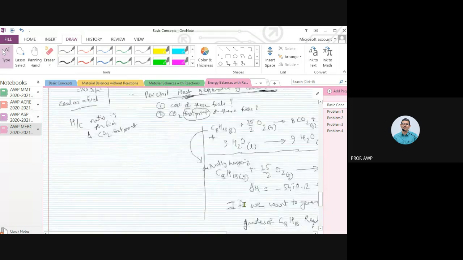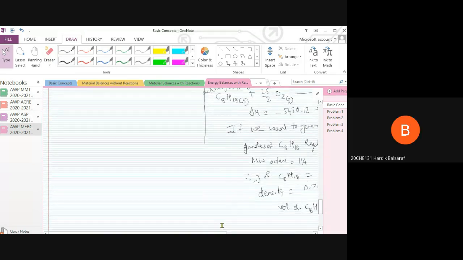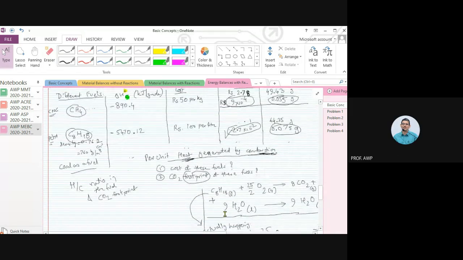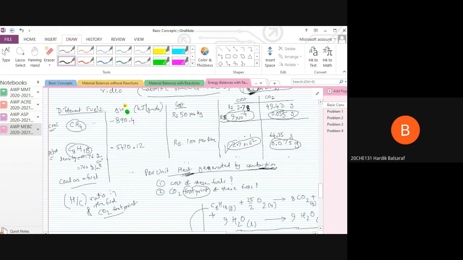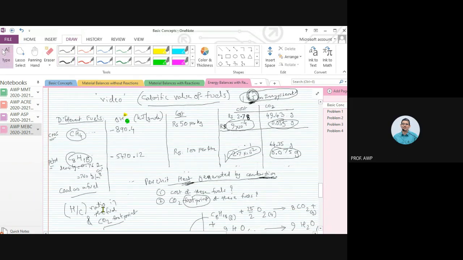Hardik, just by looking at the H to C ratio in the fuel, can you tell us something about the CO2 footprint? Yes, sir. One minute. Look at this problem. I put it up on the screen. We use methane as a fuel. We use octane as a fuel. For 1 unit of energy, I generated 0.055 grams of carbon dioxide.